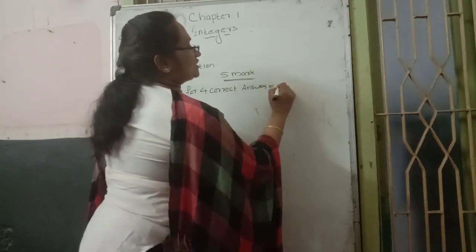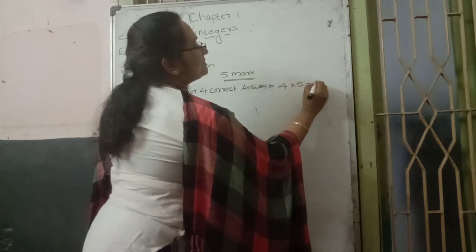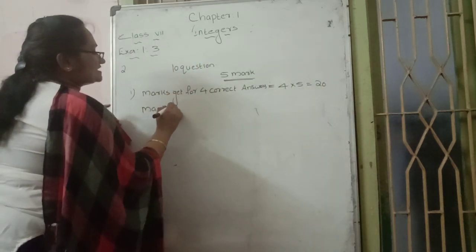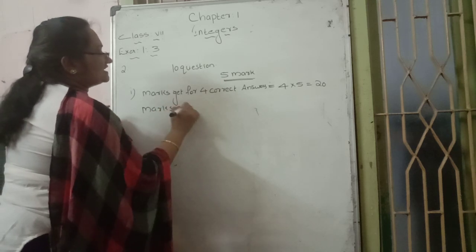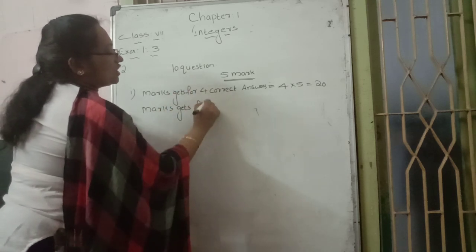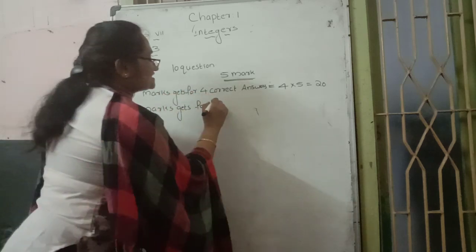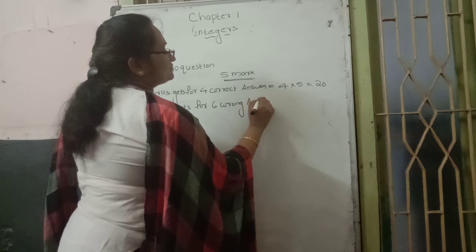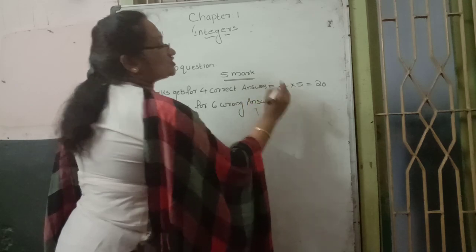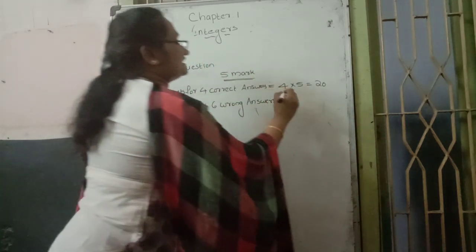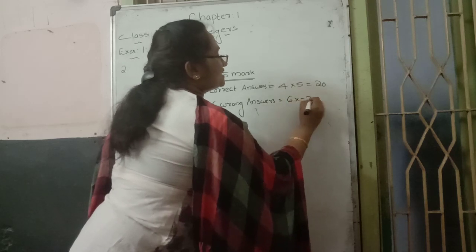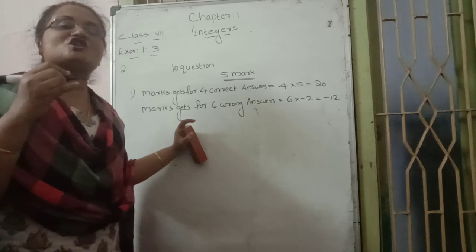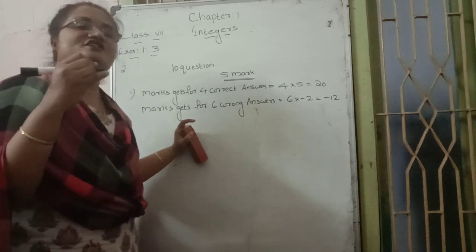Each question is 5 marks, so 4 into 5 becomes 20 marks. Then for the questions he made mistakes, there are 6 wrong answers. Each question has minus 2 awarded. That means 6 into minus 2 equals minus 12. 6 twos are 12, and the negative sign makes it minus 12.